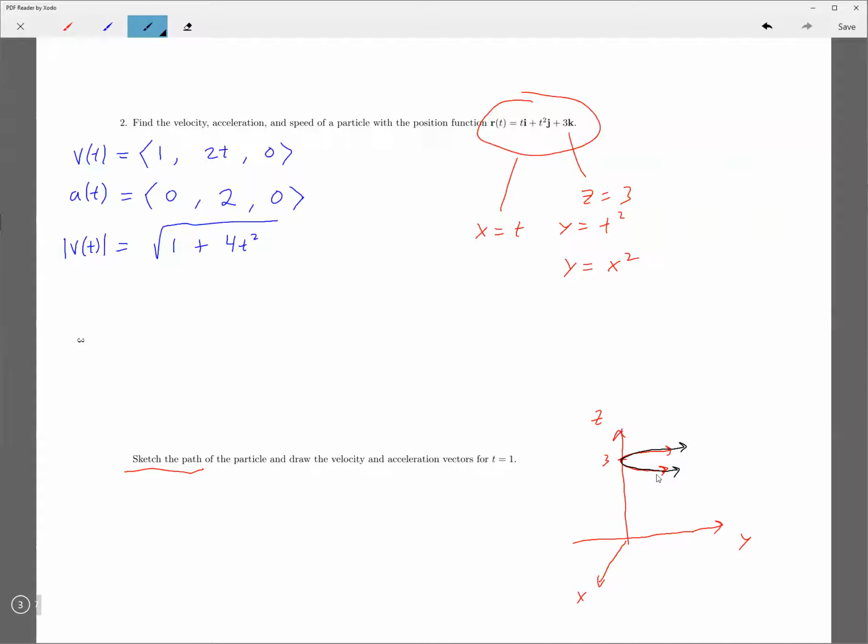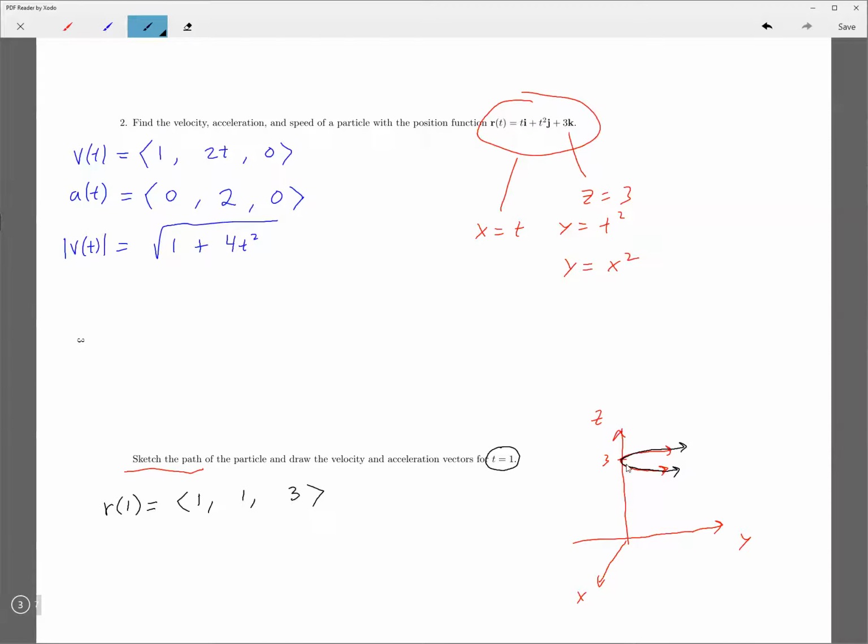So that parabola there. Okay, and then when we have t equals 1, you plug a 1 in for t, and what position do you get? 1, 1 plus 1, and another 1, so it's just 3.